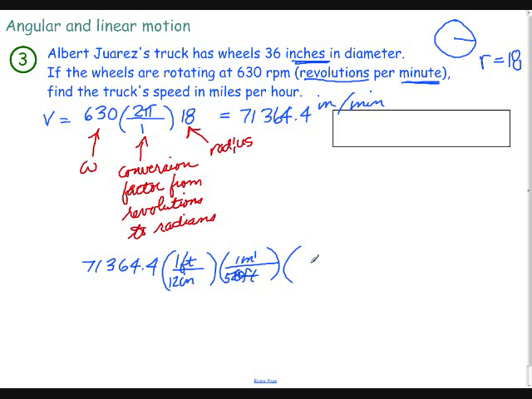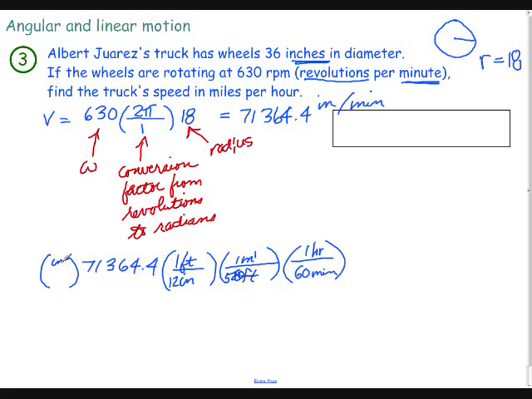What else do we have to convert? Oh, from minutes to hours. So from 60 minutes per 1 hour. I didn't write the units here. I should have.